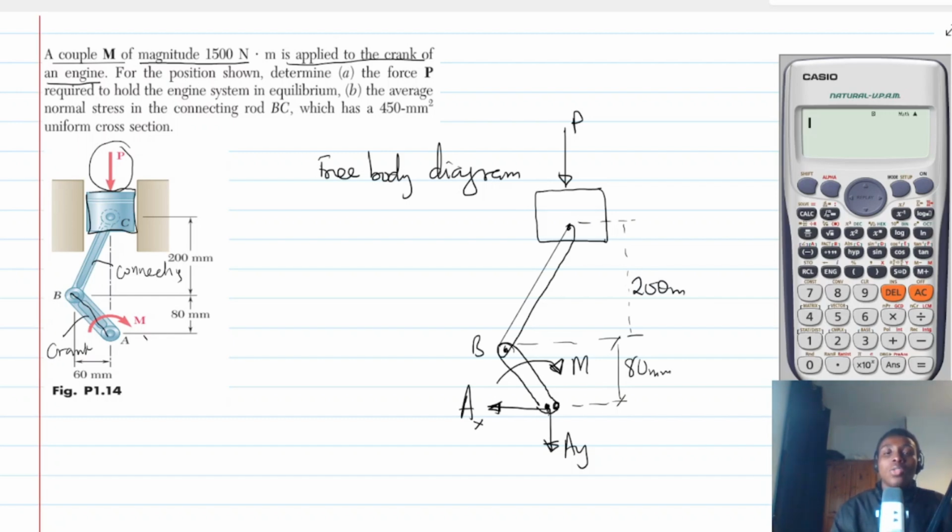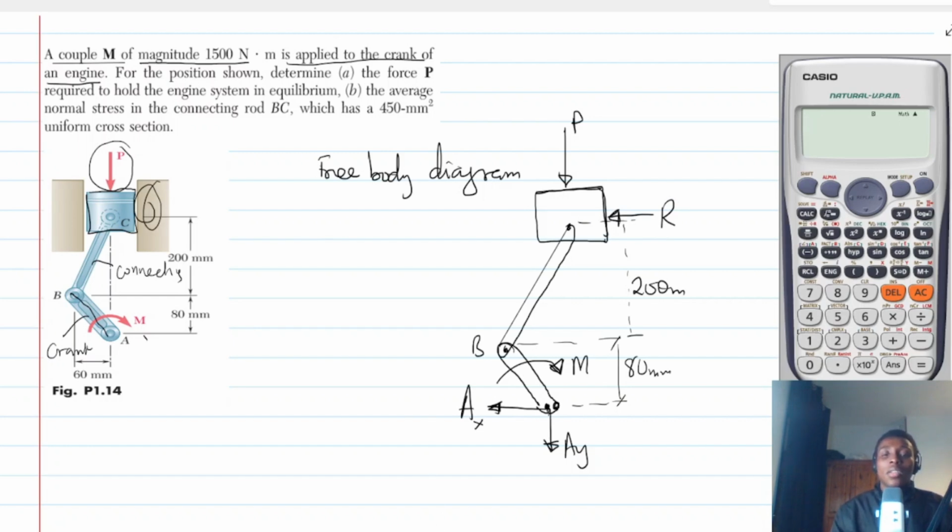All right. So then, okay, let's sum moment so that we can get... By the way, because the cylinder is inside this, there is going to be some reaction coming from the wall to the cylinder. Okay.